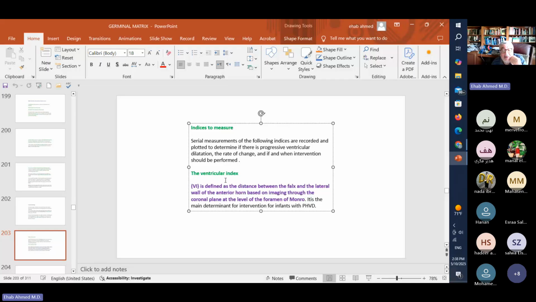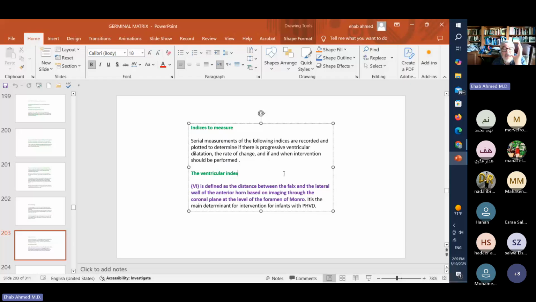Okay, you do the ventricular index, which is the distance between the falx and the lateral wall of the anterior horn based on imaging through the coronal plane at the level of the foramen of Monroe. This is what you do? Yes, doctor, that is one of the measures we use.